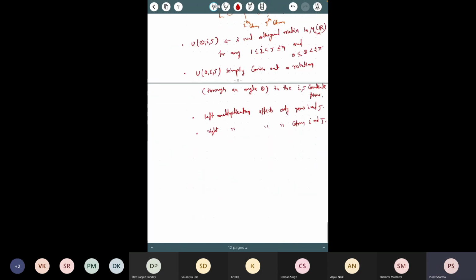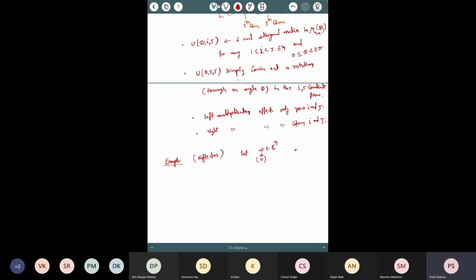But let us first define the second matrix also. The second matrix is called the Householder reflector. It will behave like a reflection on a one-dimensional subspace. So how is it defined? Suppose that we have a vector w in C^n which is not zero.